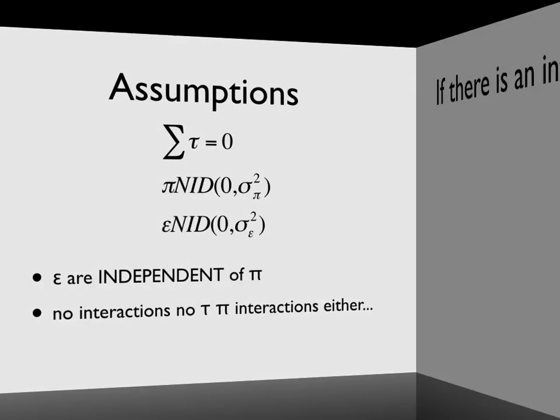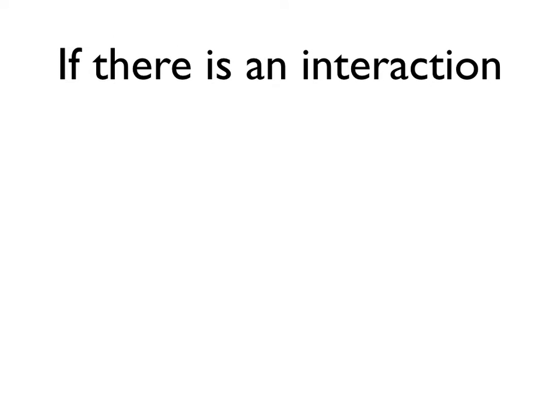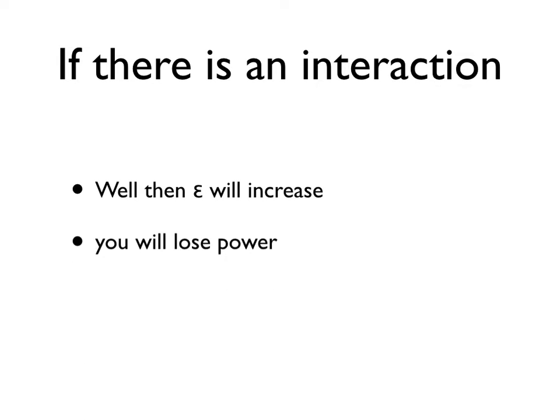Okay. Here's my example. Oh, it's not here yet. It's coming up. What do we do if there's an interaction? Well, if there's an interaction, error is going to increase because it's the only place you can go. So if there's a tau pi or tau epsilon or pi epsilon interaction, the only place it can go is into the error term and make it harder for us to find an effect.